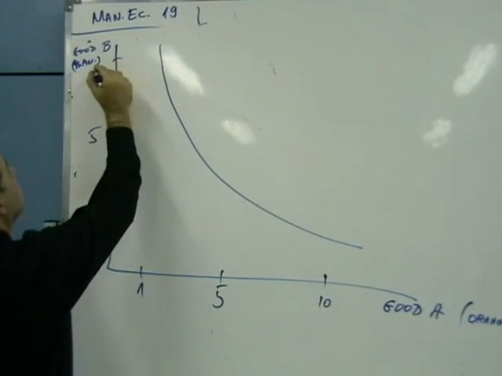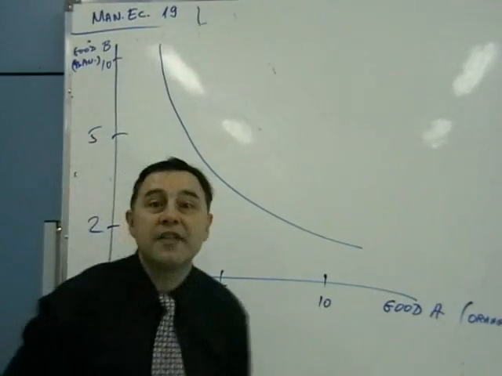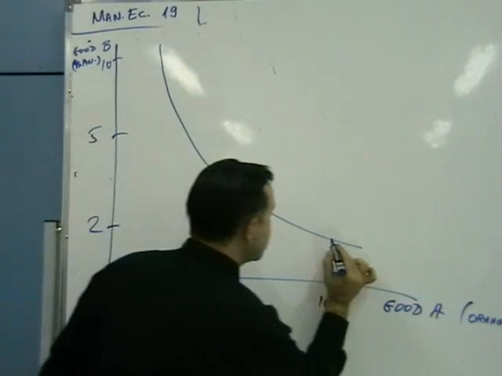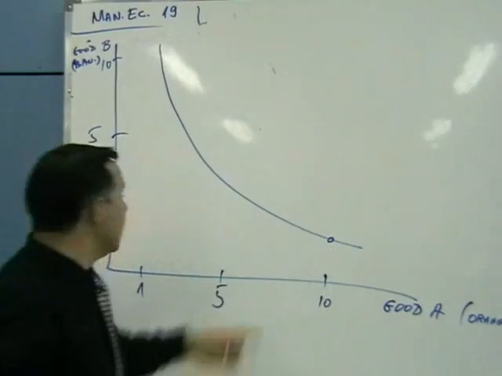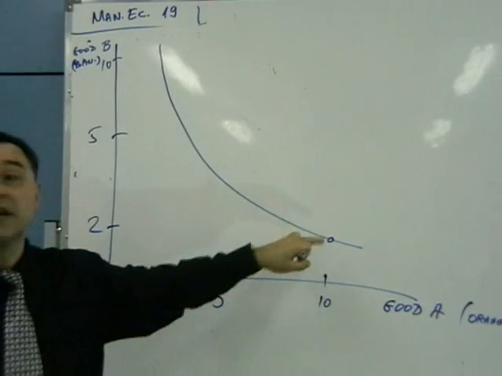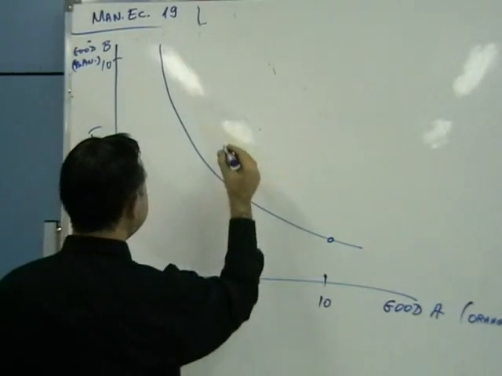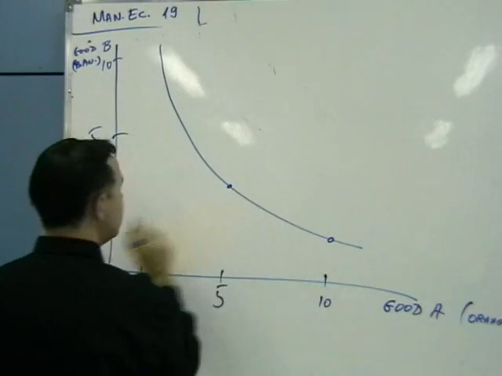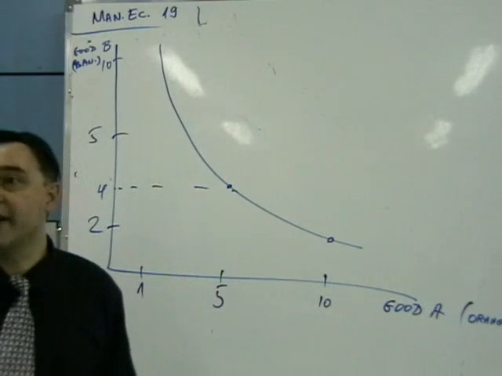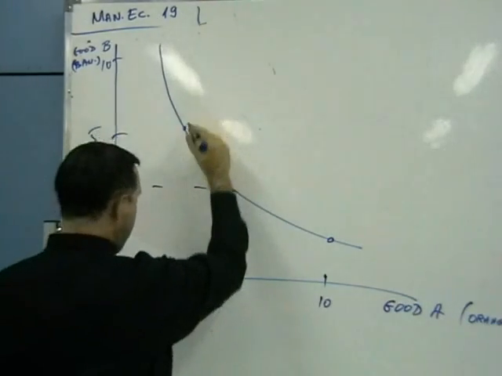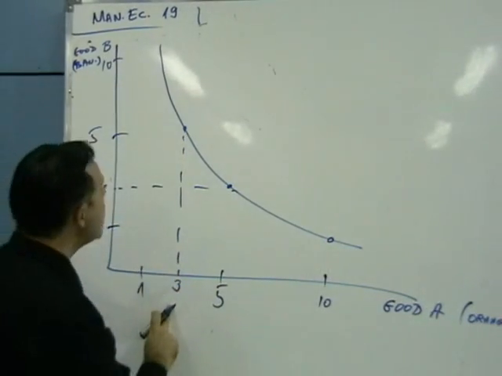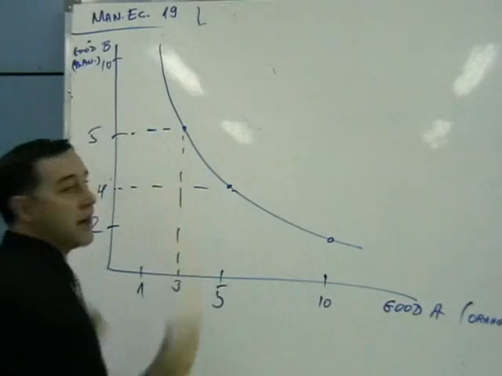2, 10. So, what this curve simply shows is that 10 oranges and 2 bananas is the same as 5 oranges and 4 bananas, is the same as 3 oranges and 5 bananas.